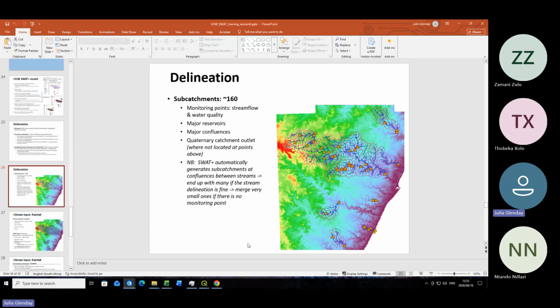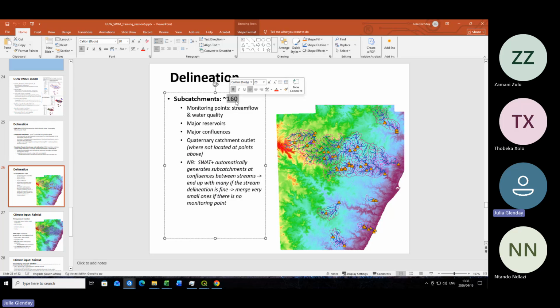So points where we might want to get particular outputs. I meant to correct this: the number of subcatchments shown is incorrect, because SWAT Plus allows you to get outputs within a subcatchment, and I'll show you that. So there's a bit fewer than 160 actually.